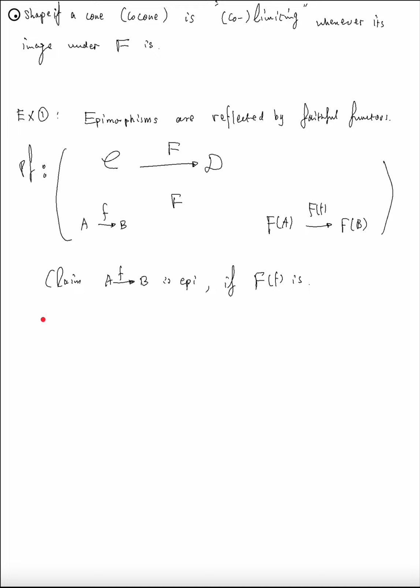The proof is by the equivalent characterization of epimorphism: f being an epimorphism is the same as saying that if you have any morphisms from B to C, whatever object C, then j1 composed with f is the same as j2 composed with f implies j1 equals j2.